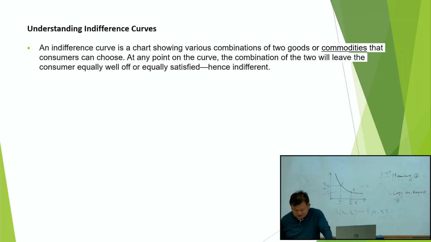Also, it is used in economics to describe the point where the individual has no particular preference for either one good or another based on their relative quantities. It means some people have many kinds of preferences. I like the hamburger, hot dog, somebody else is different. So there are many cases, but we cannot mention one particular preference.